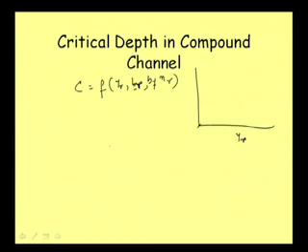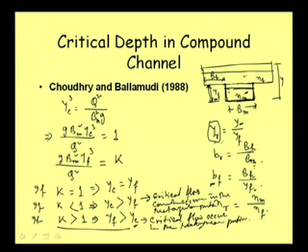So, ultimately from this expression, for a given section and a given roughness, everything remaining the same, C becomes a function of YR. So, we can plot YR versus C, and YR will start from 1. If you go back to this expression, YR is nothing but Y by YF.